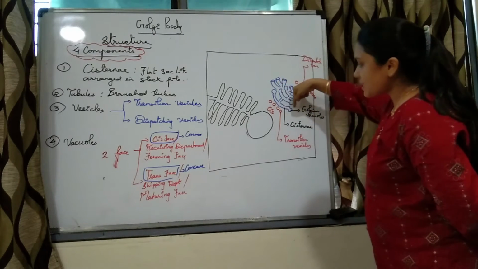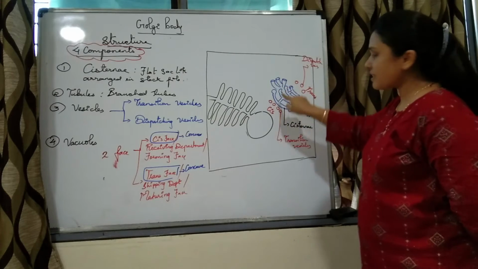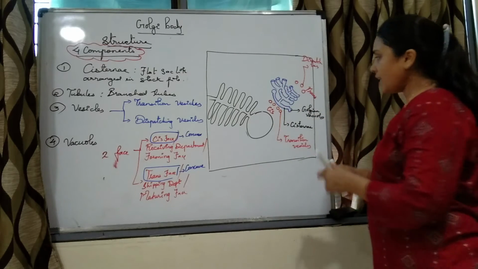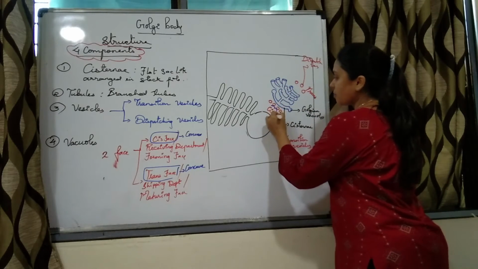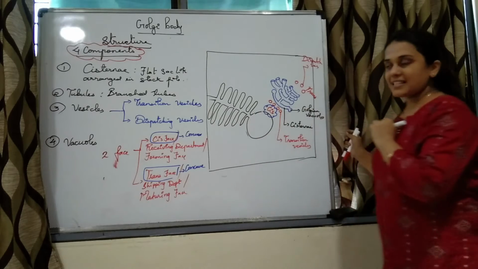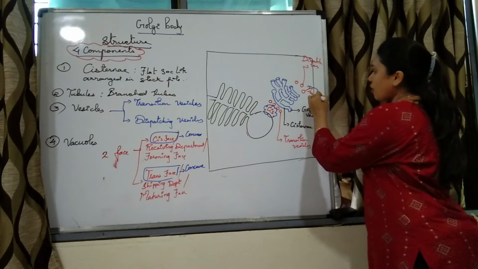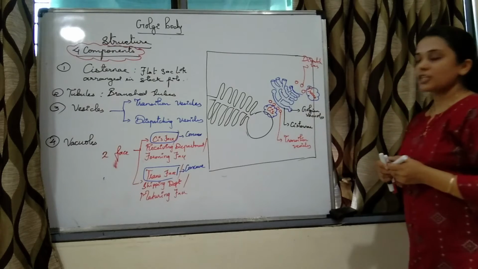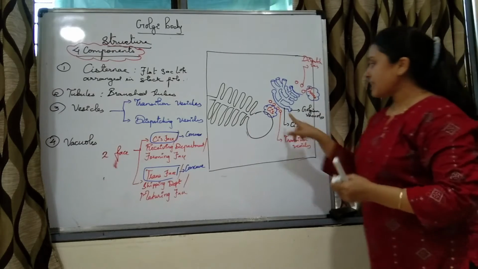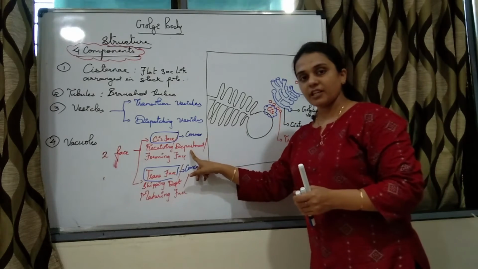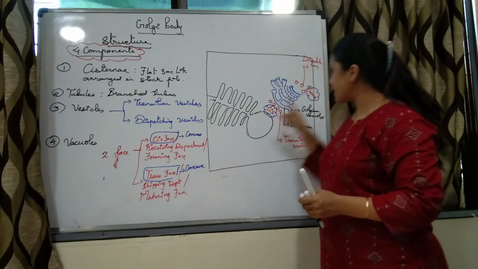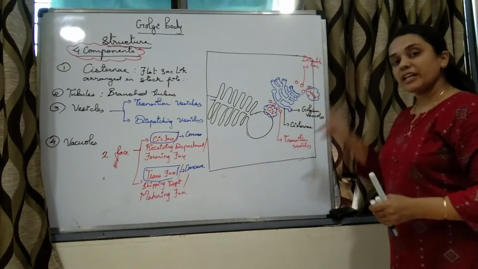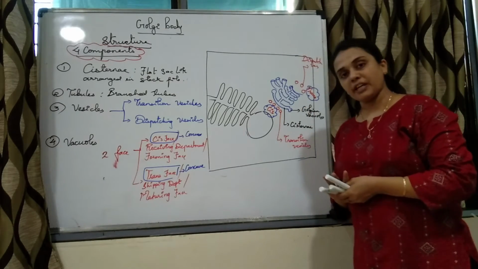The convex side of the Golgi body is called as cis phase. Right? So cis phase is nothing but the convex side and the concave side is called as, so this is the concave side. So it is called as trans phase. Cis phase is receiving department or forming phase. Trans phase is maturing phase or shipping department.